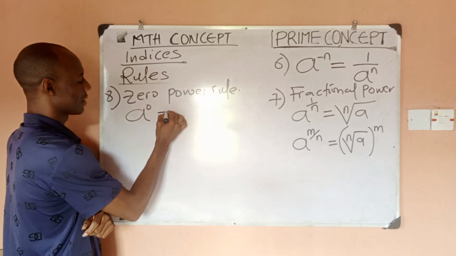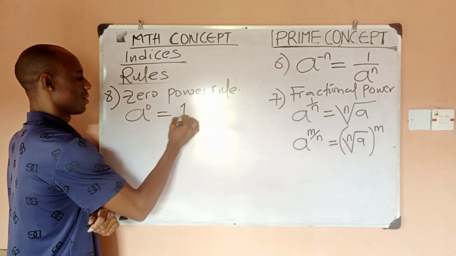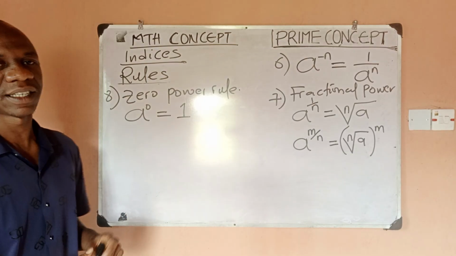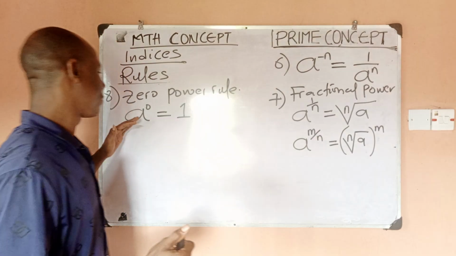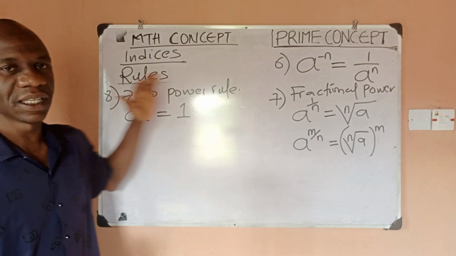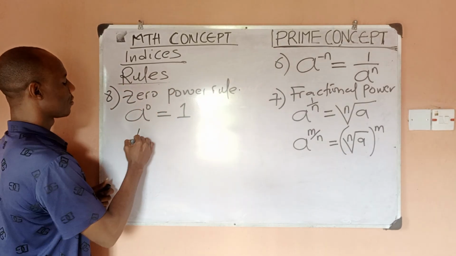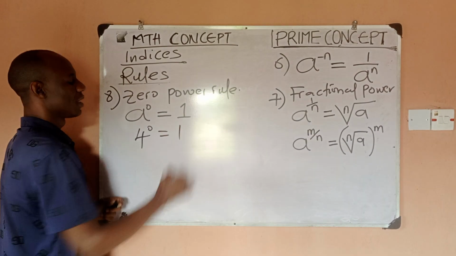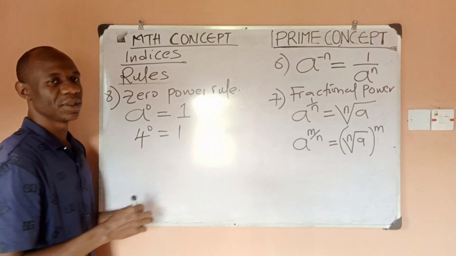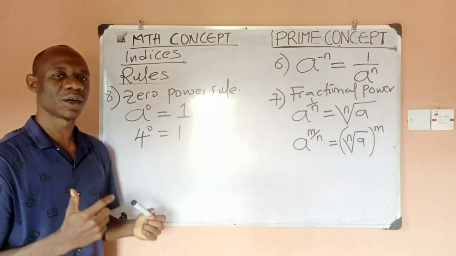In this case, you're going to have 1. A raised to power 0 is what? 1. 2 raised to power 0, what will it be? 1. 3 raised to power 0? 1. 4 raised to power 0? 1. 5 raised to power 0? 1. 1 raised to power 0? 1.